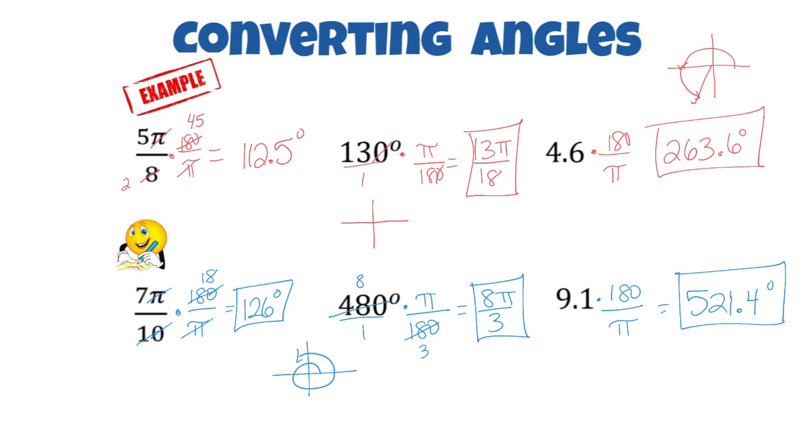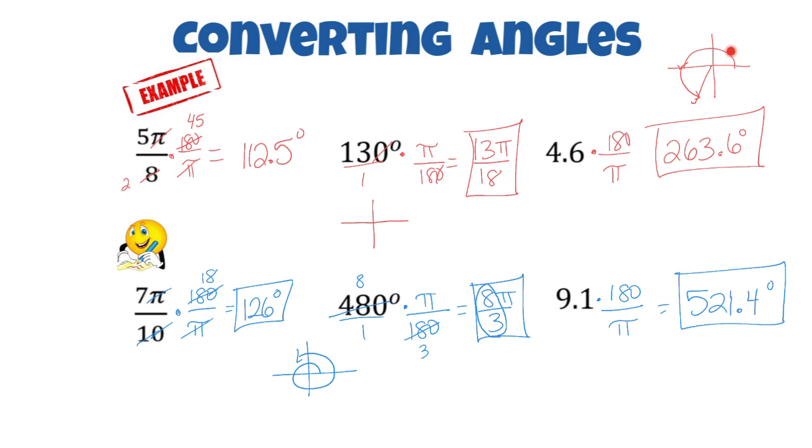But notice that because it wrapped around past 360, can you evaluate what's 8/3? That's actually bigger than 2 pi. And so that should make sense: oh yeah, I went past 360, so my fraction here should be bigger than 2 pi. Same thing on this next one, 9.1.